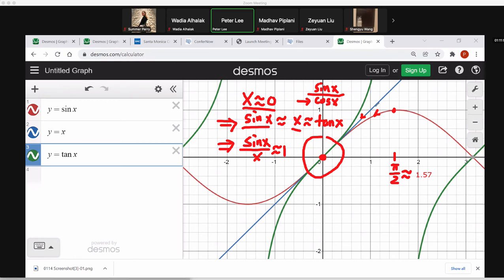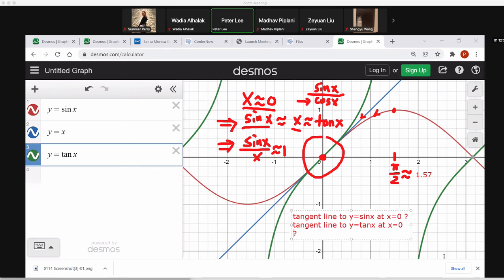In fact, y equals x, by the way, here. So let me write this down. Basically, we can say like this: the tangent line to y equals tangent x, y equals sine x at x equals 0. What is the tangent line to the curve y equals sine x at x equals 0?